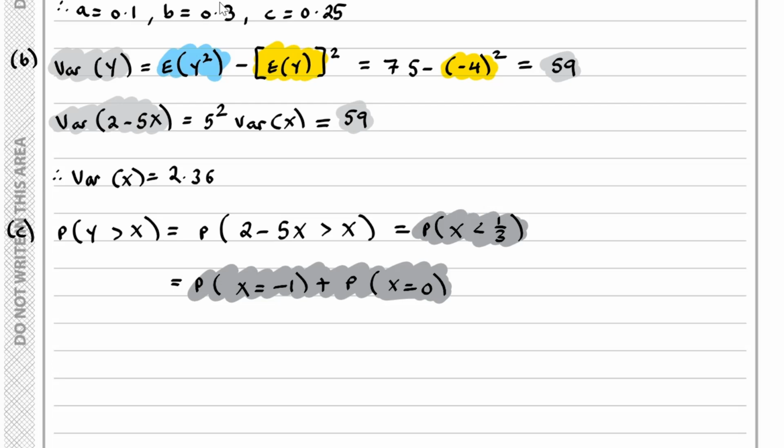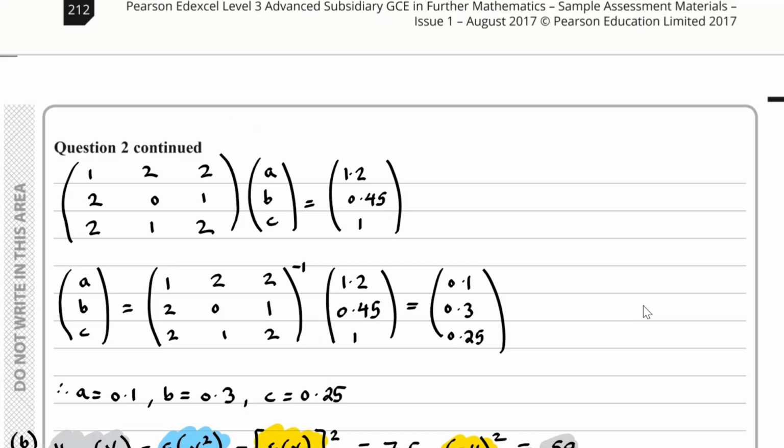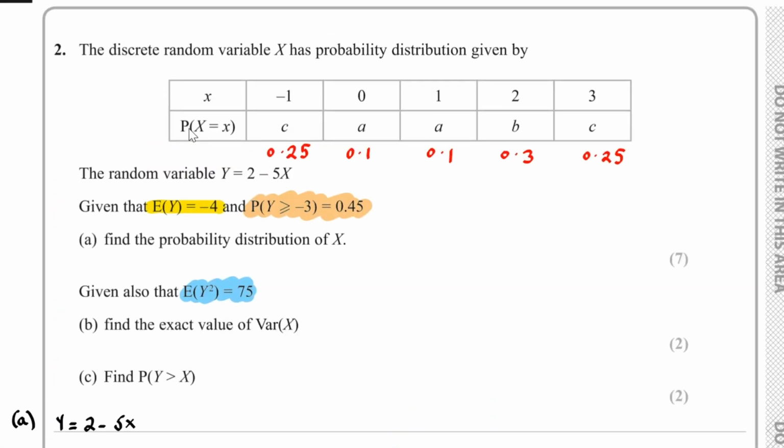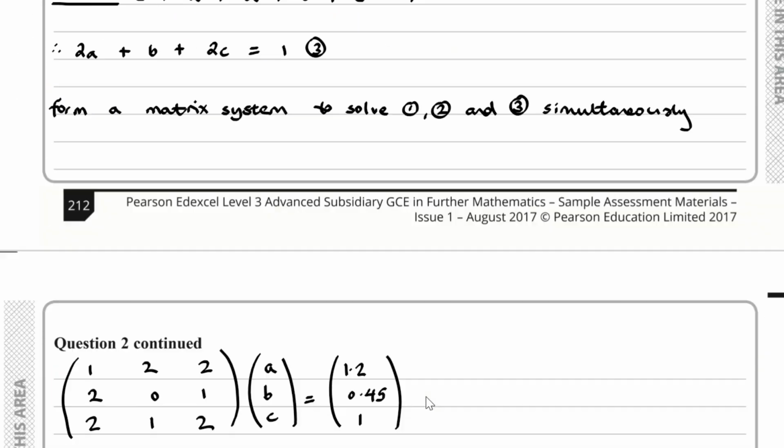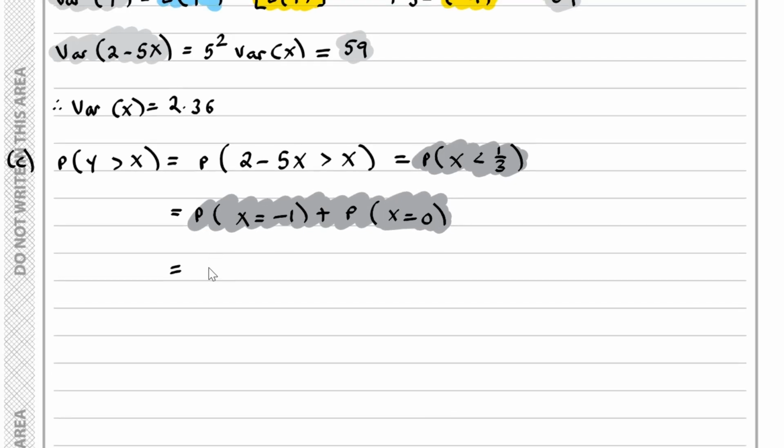The probability that x is equal to -1 is equal to C, and the probability that x is equal to 0 is equal to A. So here we have C plus A, which is 0.1 plus 0.25, which is equal to 0.35.